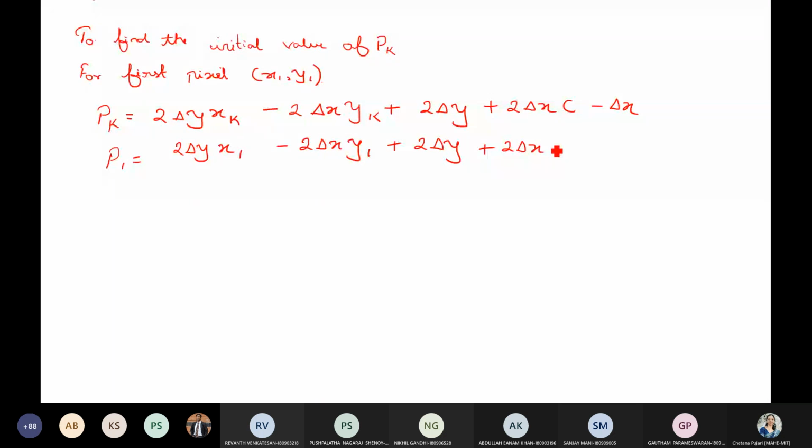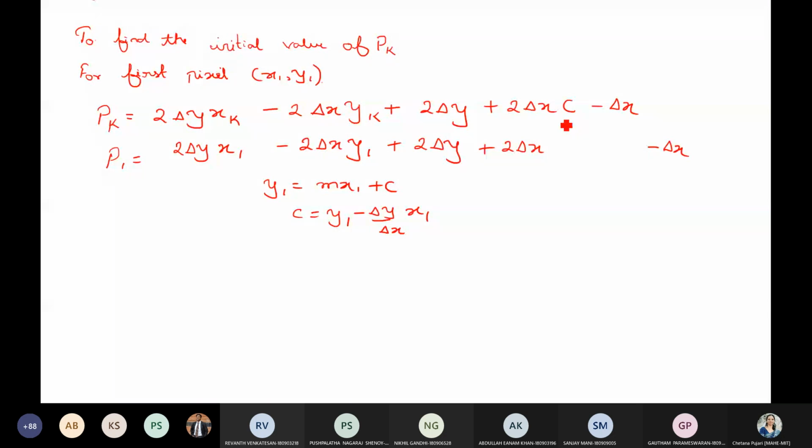Okay, so this c I want to replace. We know y is what? mx1 plus c, right? So let's rewrite c in terms of x and y. That will be y1 minus delta y by delta x into x1.